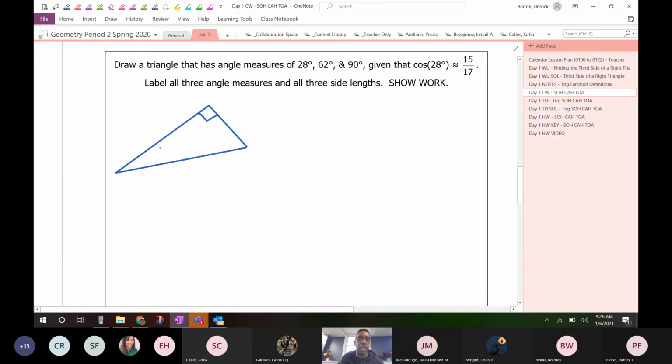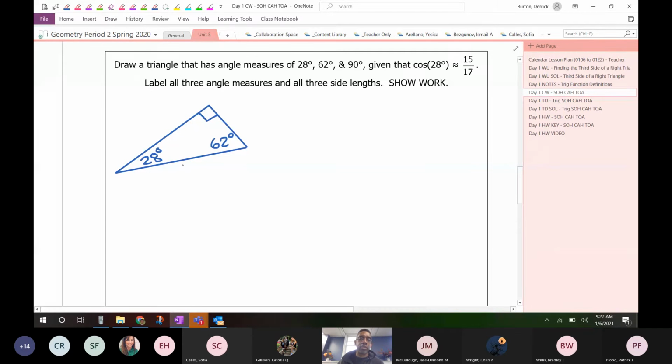Okay, so we have 28 degrees, and we have 62 degrees, and 90 degrees, of course. Given that cosine of 28 is about 15 over 17, label all 3 sides.